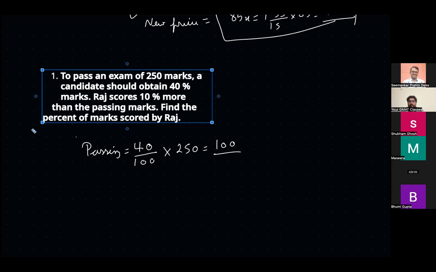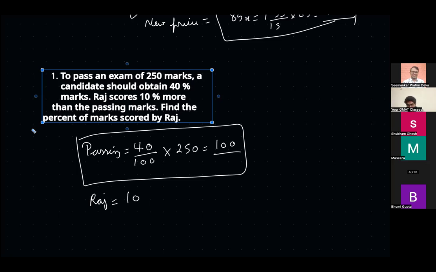Passing marks is 100 marks. The question says Raj scored 10% more than the passing marks. So 100 plus 10%, like I said, percent and 1 by 100 are the same, into 100. 100 cancelled, and what I get is 110.